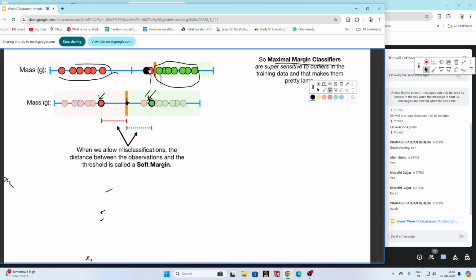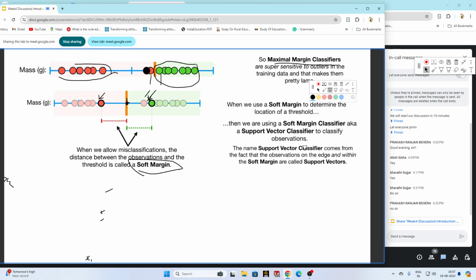Earlier, if this was considered an extreme point, the classifier is known as a maximal margin classifier. But now we are omitting this outlier, and when we omit the outlier, the margin formed is known as a soft margin.